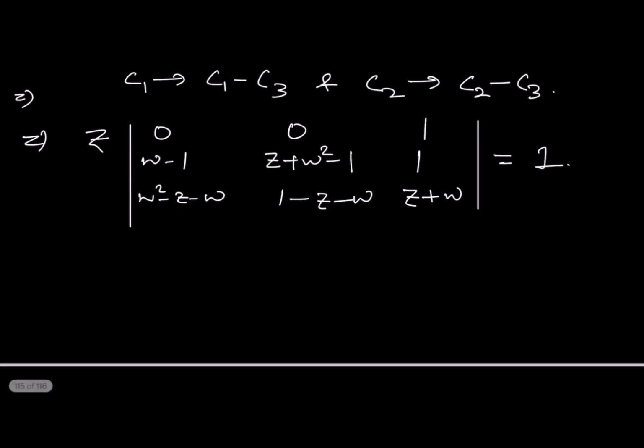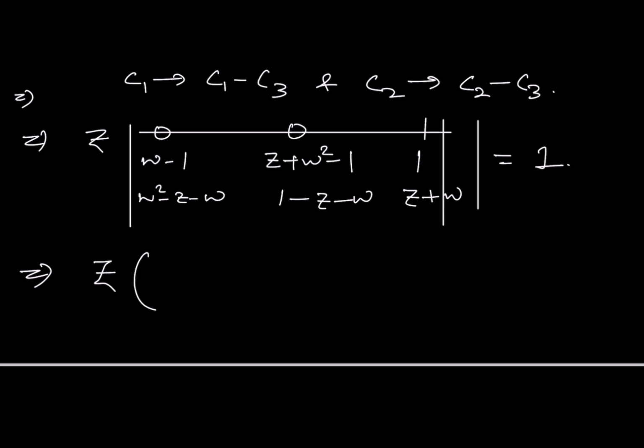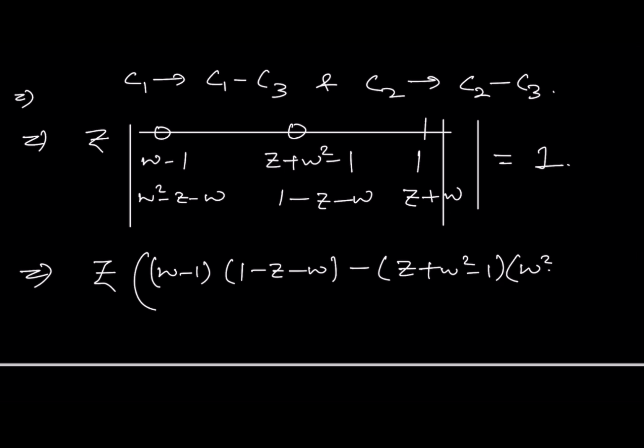Now I am expanding this determinant because I have two zeros in row 1, so the determinant can be expanded very easily, right? So z times [(omega minus 1)(1 minus z minus omega) minus (z plus omega square minus 1)(omega square minus z minus omega)] is equal to 1.